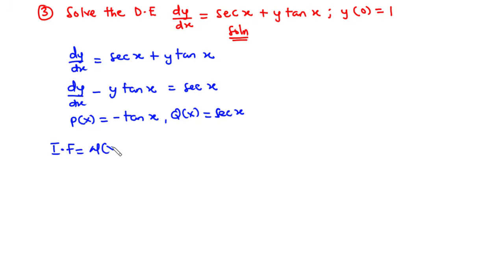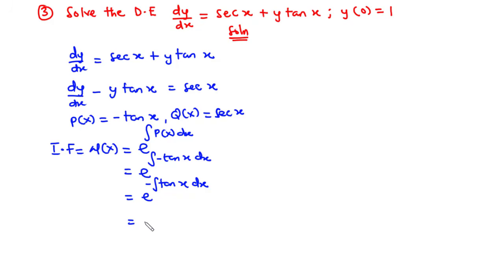So we have mu of x equals e to the power the integral of p of x dx, that is equal to e to the power the integral of p of x is negative tan x dx equals, we have e to the power, so we have this to be negative 1 times tan x, so we can pull out the negative, and then we have integral of tan x dx.